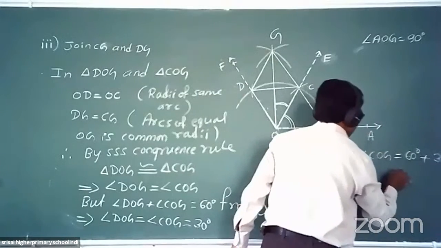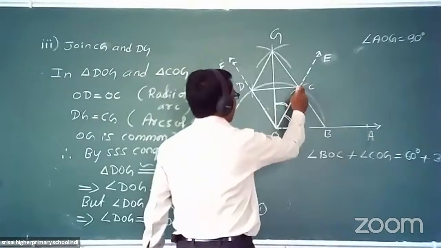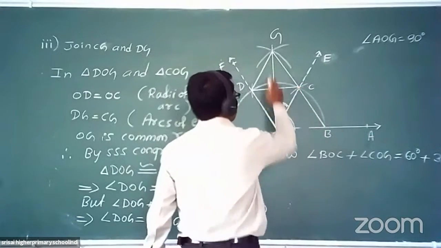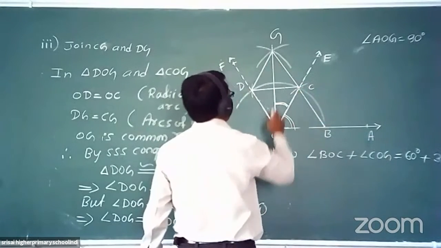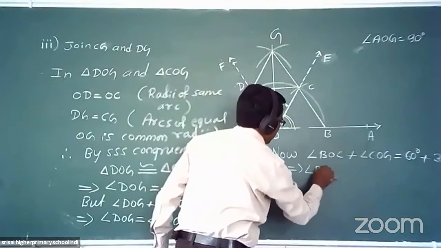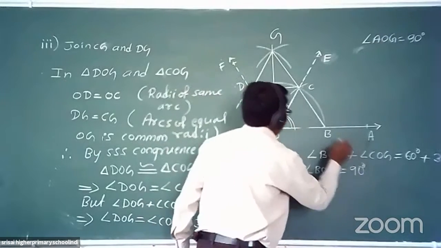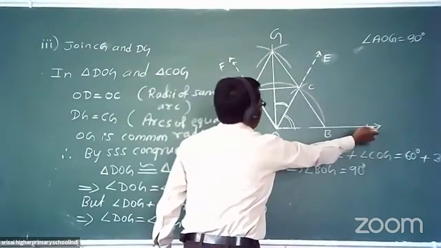So both together 90 degrees. BOC plus COG is nothing but BOG. This implies angle BOG equal to 90 degrees. BOG is 90. That is nothing but AOG.